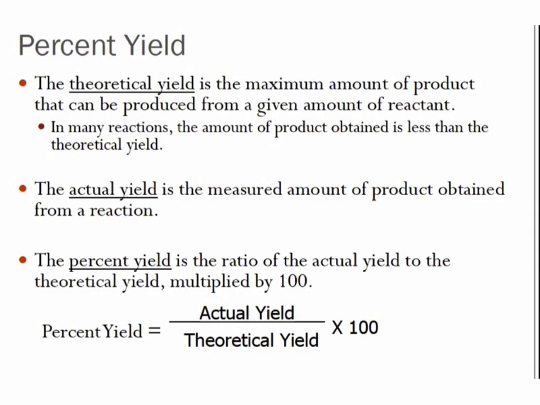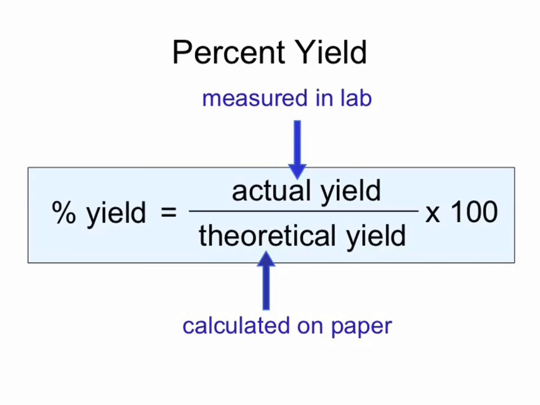What was your actual yield? So I can ask you for any one of these variables. If you don't know how to solve for that, then you need to go refresh your algebra. So again, actual is what's measured in the lab. Theoretical is on paper.